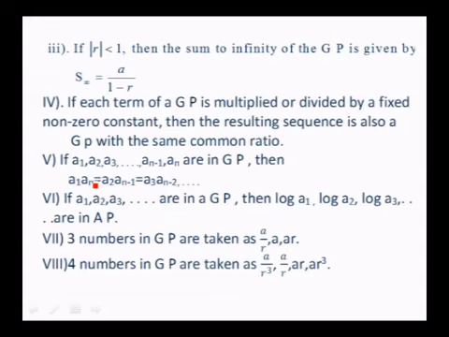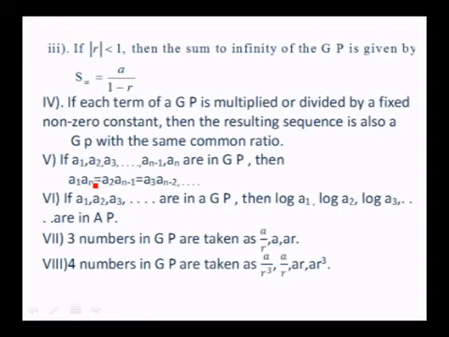If A1, A2, etc., An minus 1, An are in GP, then the product of the first and the last term and the product of the second and the second from the bottom term, all these products will be equal. That is A1 into An is equal to A2 into An minus 1 is equal to A3 into An minus 2, etc. So, if A1, A2, A3 are in GP, then log A1, log A2, log A3 are always in AP.